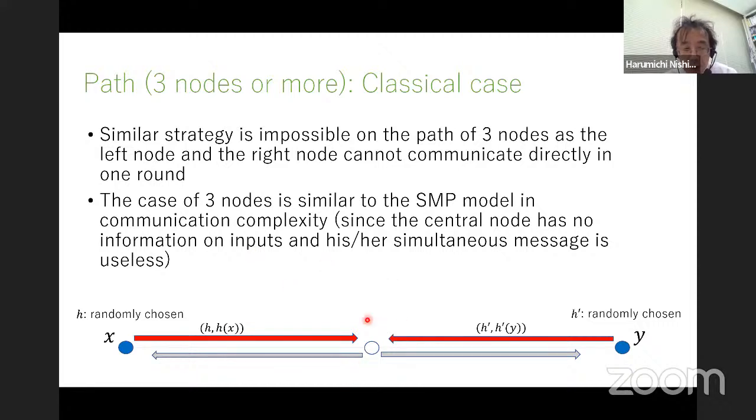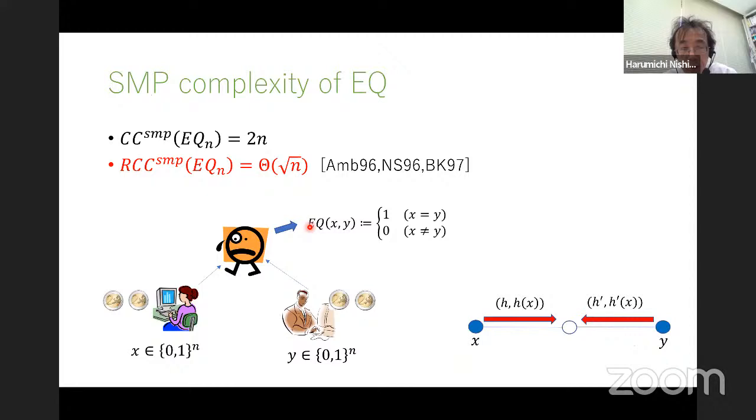In fact, this type of communication is similar to the simultaneous message passing model in communication complexity. This is well studied in communication complexity, introduced by Andy Yao in 1979. One party has data, and another party has different data, and we check the equality. This is completely similar to the three-node case.